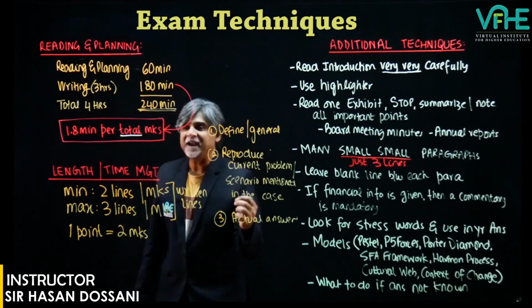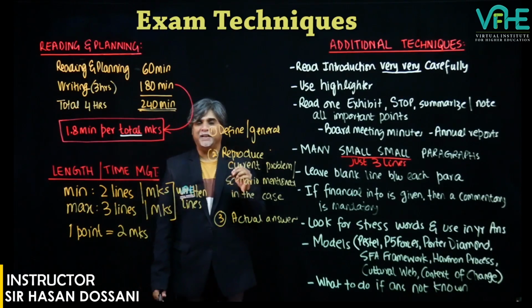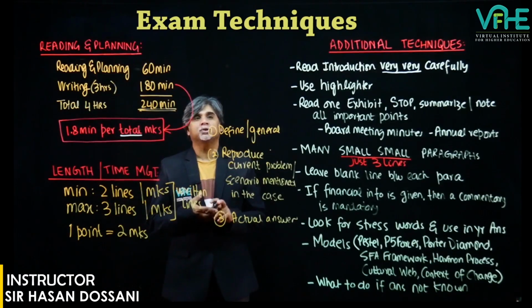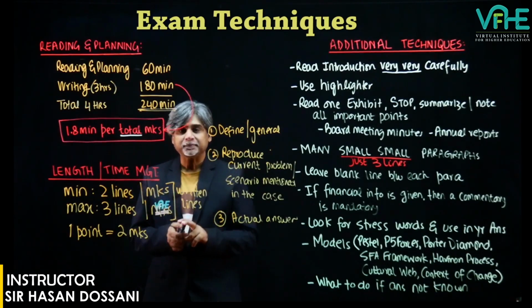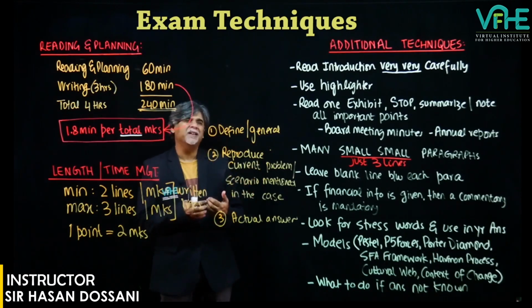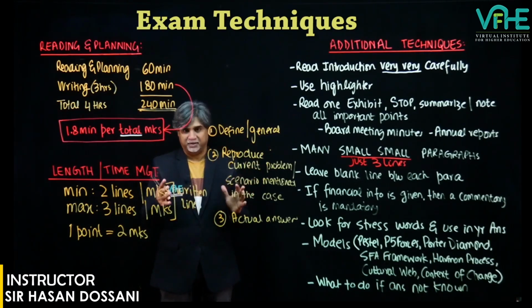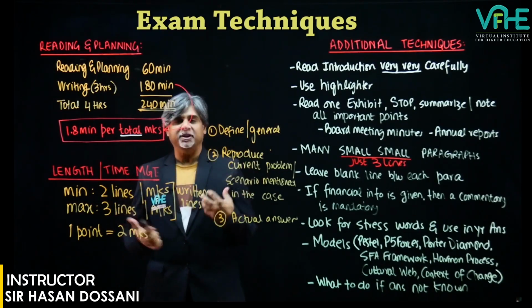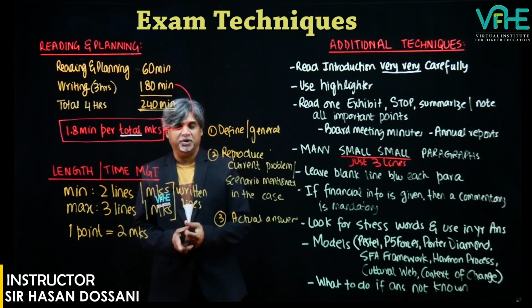And this is exactly what happened in December 2018: this disruptive technology was question number 3A, 18 marks, and there was question number 3B, I believe 15 marks, and that's it. That was the end of the paper. So students panicked so much in 3A, which is disruptive technology.